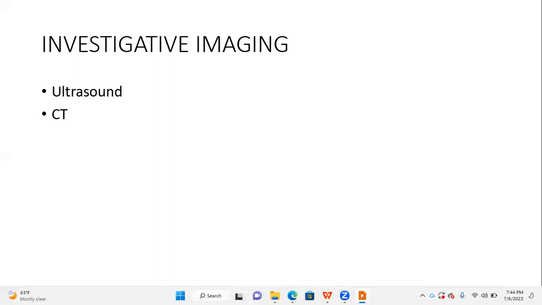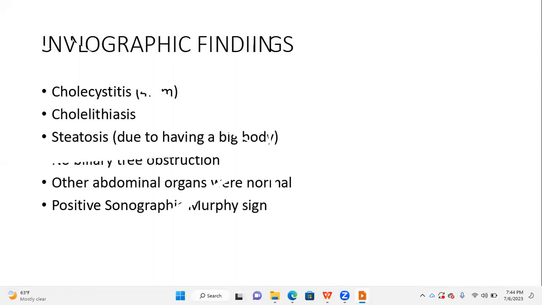The investigative imaging that was done on this patient were ultrasound and CT only. Sonographic findings were cholecystitis. The gallbladder wall for this patient measured 4 millimeters thick. She also had multiple gallstones.